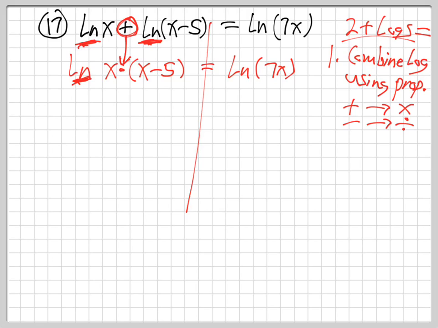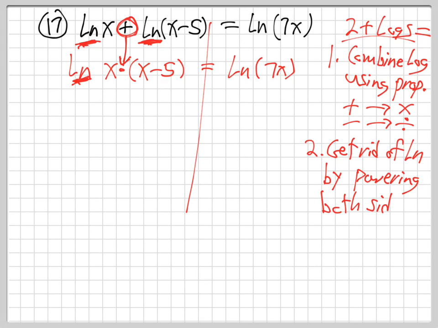And now, how can we get rid of these logs from both? So what's step two? You get rid of the ln, or whatever the log is, by powering both sides by the base, right? Because powers and logs are opposites. So what's the base?